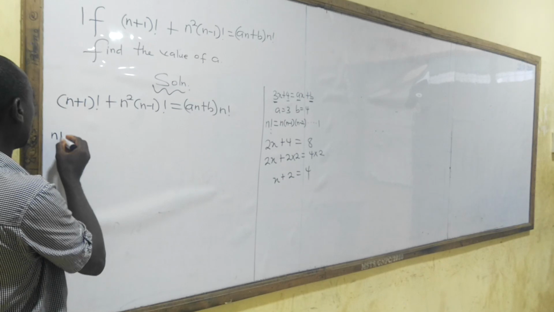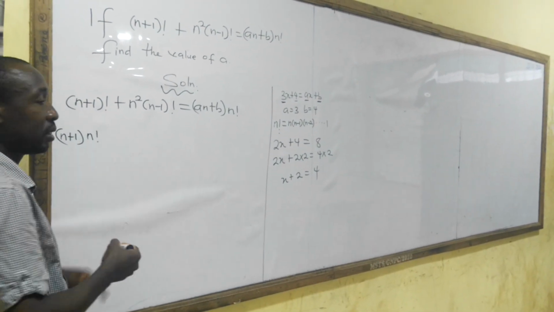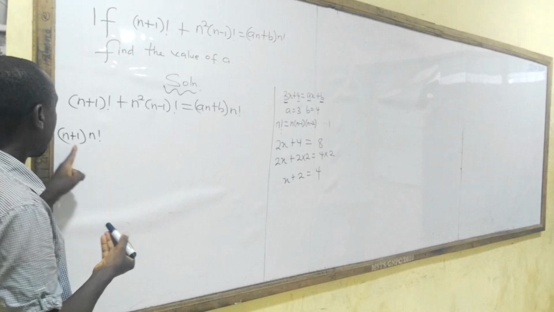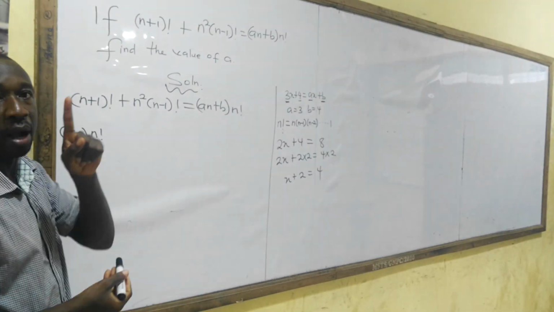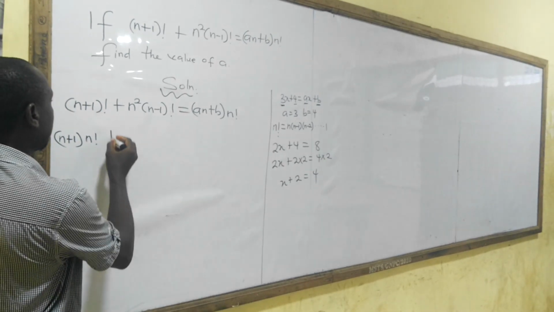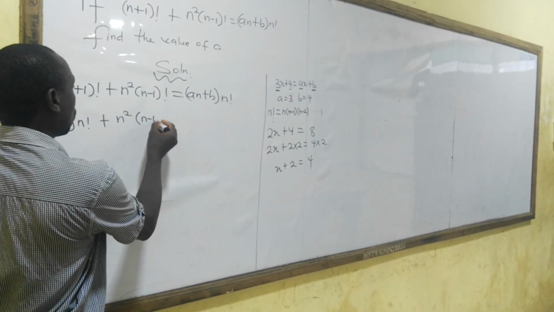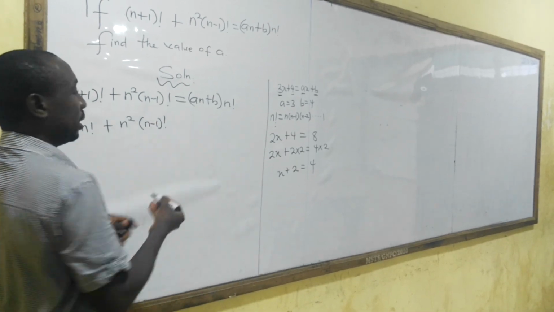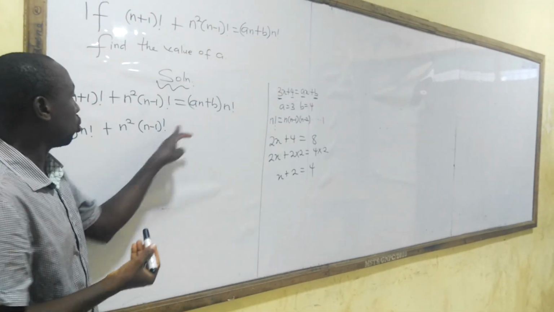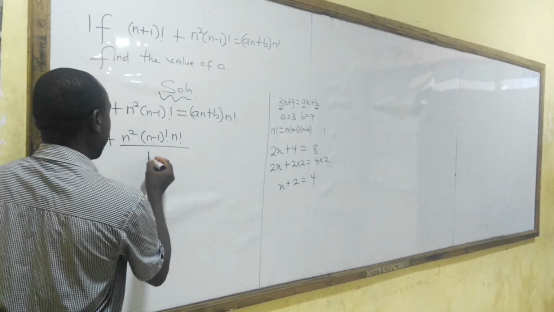That is (n + 1) multiplying n factorial. That is, when this n + 1 reduces by 1, I will get n factorial, plus n²(n − 1)!. Then I will introduce my n factorial here, divided by n factorial.